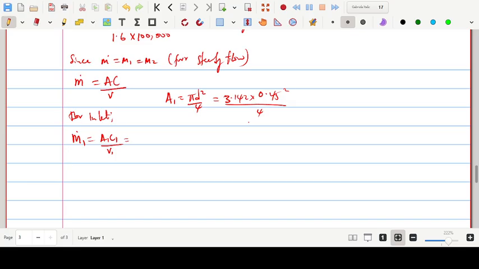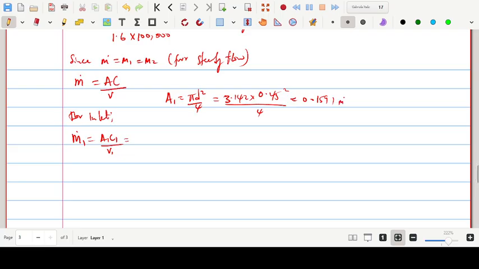Using our calculator correctly, 3.142, which is the pi, multiplied by 0.45 squared, then divided by 4, I'm going to have 0.159 approximately, 0.1591.